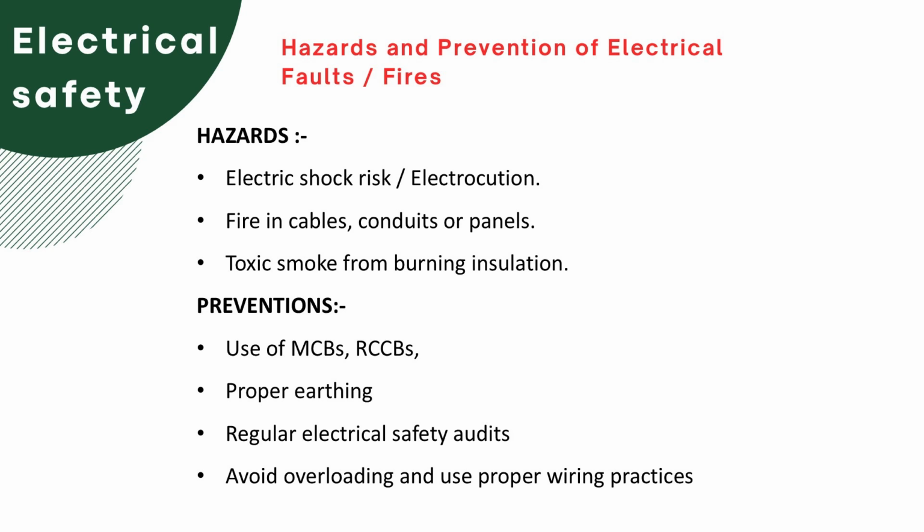And MCB, MCCB, ACB are used to break the circuit when any short circuit or overcurrent happens. Next one is proper earthing. You need to have a proper earthing system so that any short circuit or any high current can move through the low resistance path.